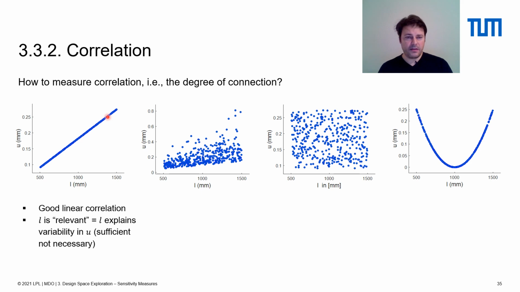So L explains all the variability in U. This is what we also observed when we talked about the scatter plots in the previous chapters.